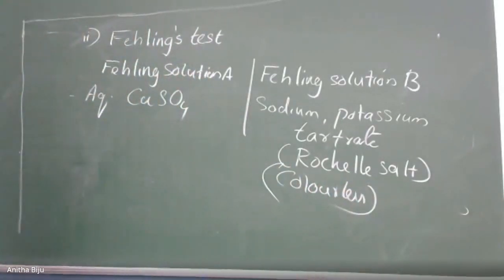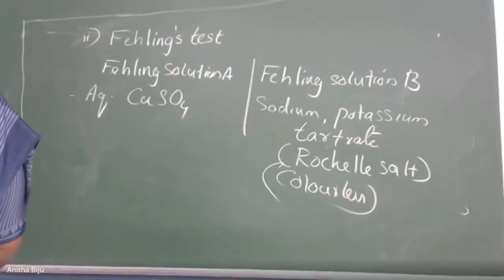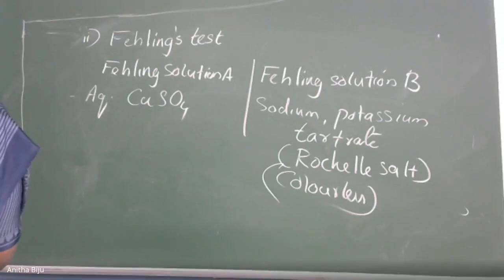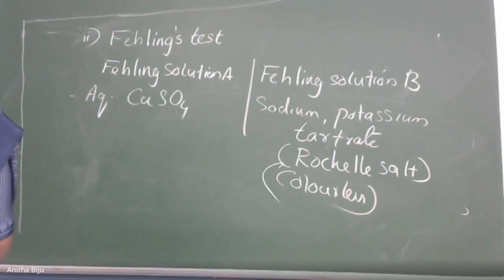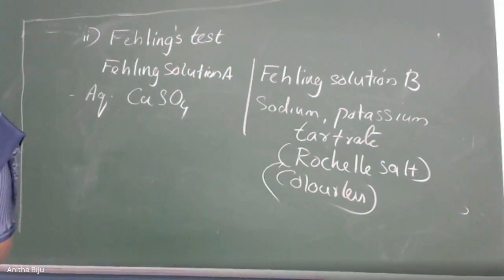So what is sodium potassium tartrate? You know that tartaric acid is a carboxylic acid which is present in tamarind, and it is a dicarboxylic acid. Dicarboxylic acid means it contains two carboxyl groups, COOH groups. The structure is a little complicated, not that much. You will get it from any other source also.